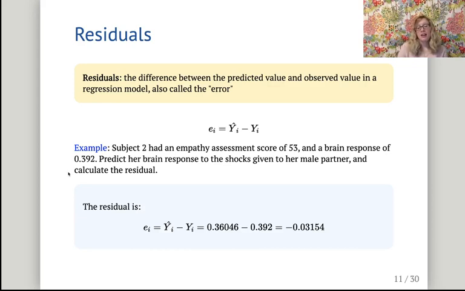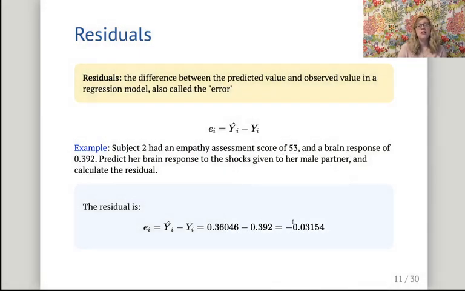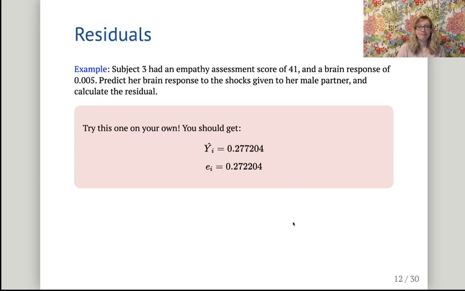If we take our predicted value y hat minus the actual, we get negative 0.03. So this negative value here indicates that we have underestimated. Whereas if this residual had been positive, that would tell me that we've overestimated.